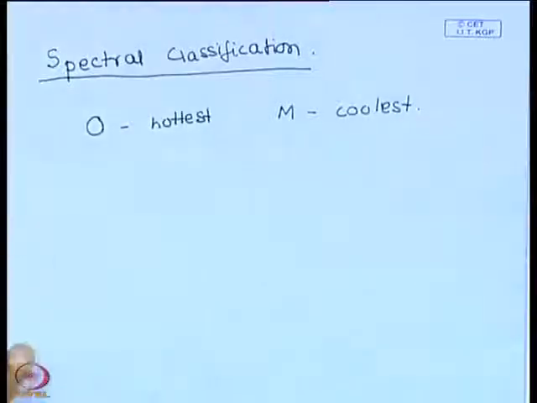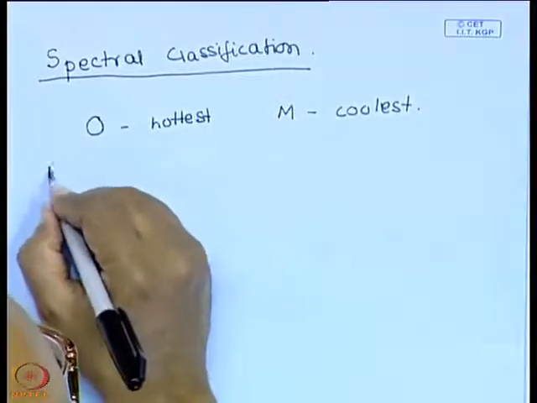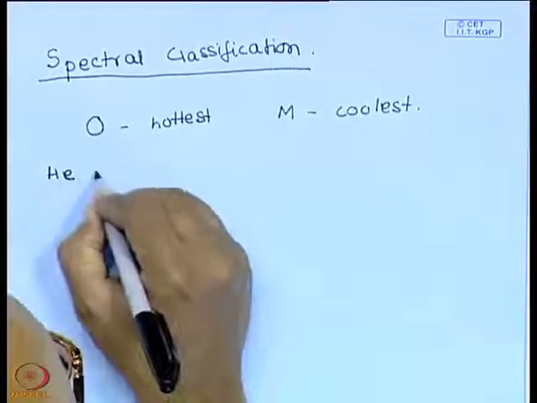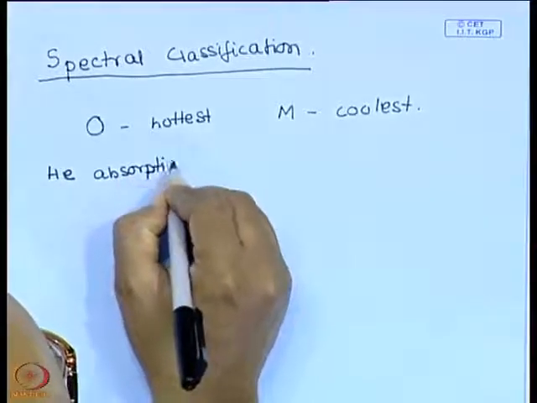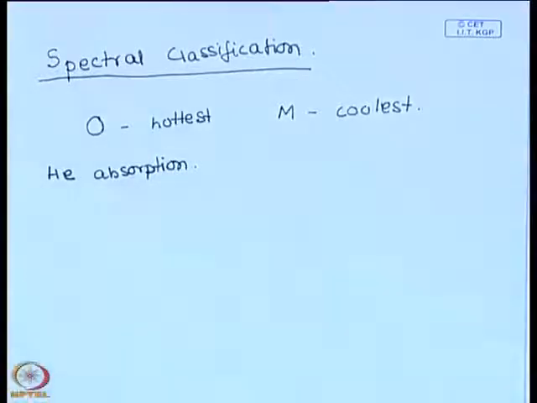And observationally, this manifests itself in the spectrum of the stars. So, in the O stars you get helium absorption lines. To excite helium you have to produce ultraviolet radiation.